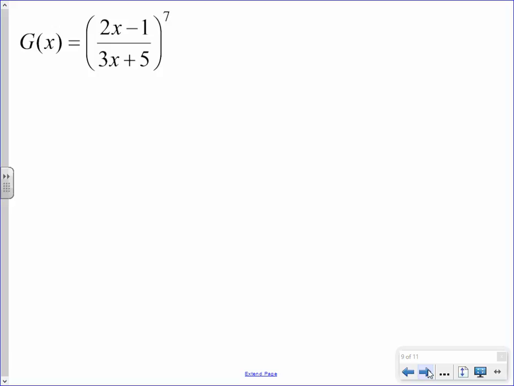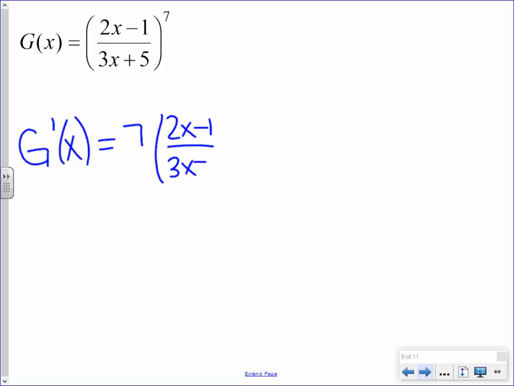Outside function is something raised to the 7th power. So our derivative of the outside function: we multiply the power out in front, drop the power by 1. That's the nice part, right? Now we have to times by the derivative of the inside, which is a quotient.